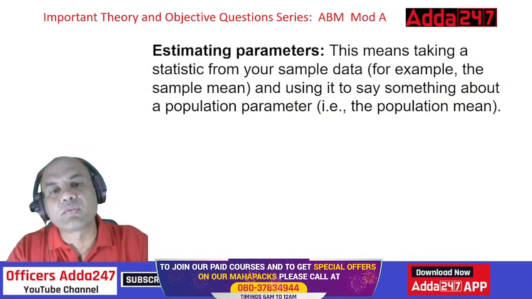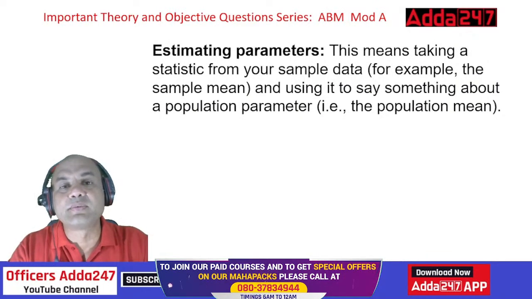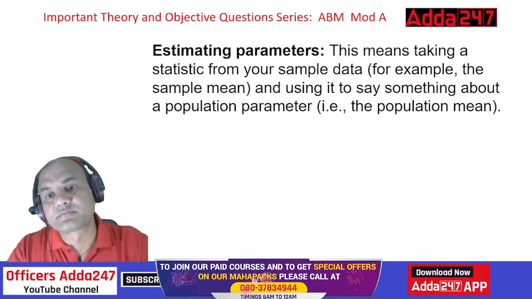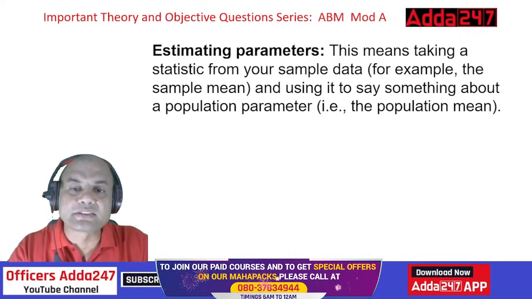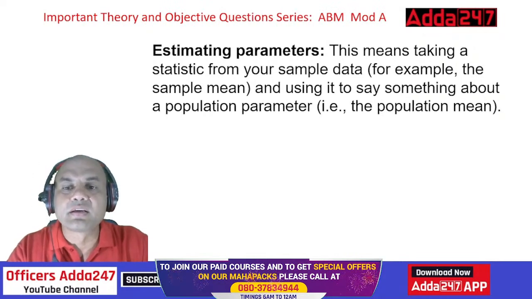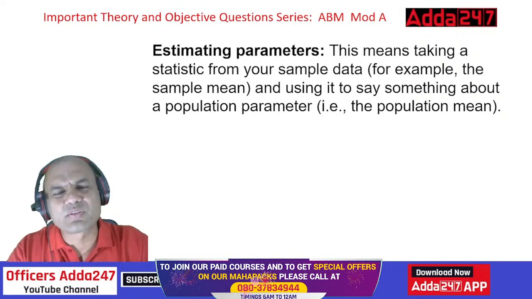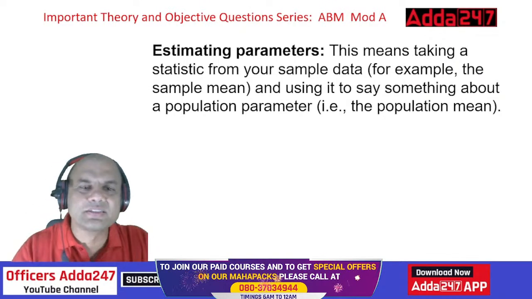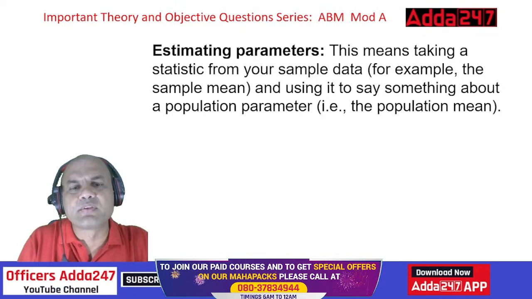Estimating parameters. Now, what is estimating? Estimating means knowing, judging. It means taking a statistic from your sample and using it to say something about a population parameter. What is all this statistic and parameter? Always remember, I'll give you a simple example.